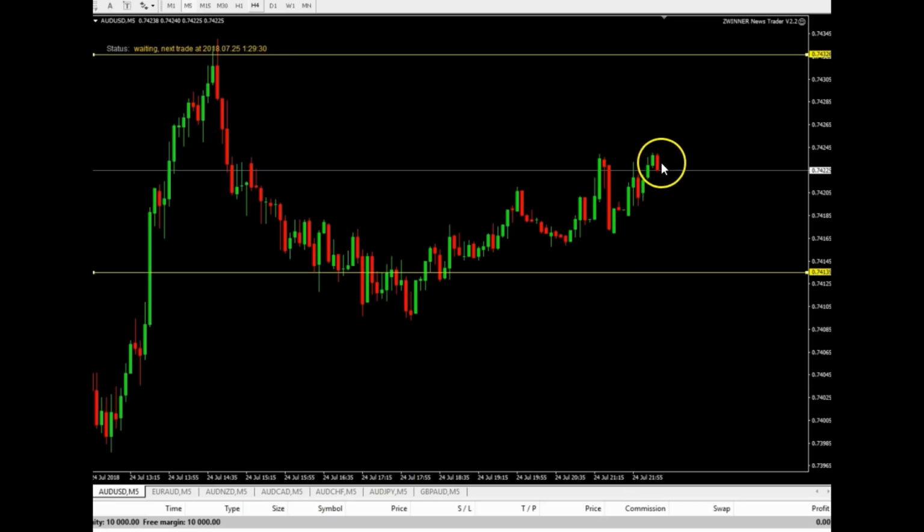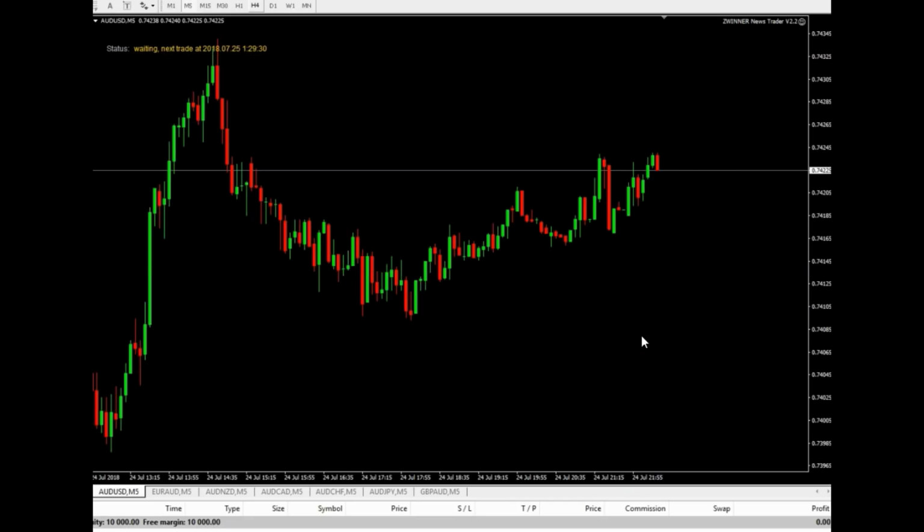In some cases, the market can come down and then go back up again and get you stopped out, or it can get you the first take profit of 10 pips, and then it will continue with the trailing stop behind after 20 pips. So we will see tomorrow morning how it goes.